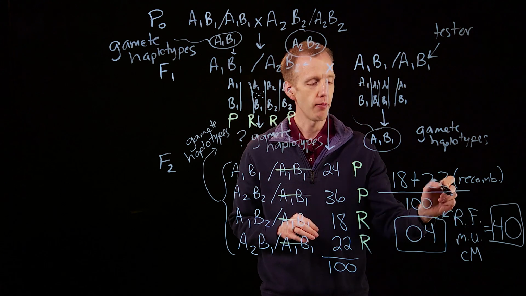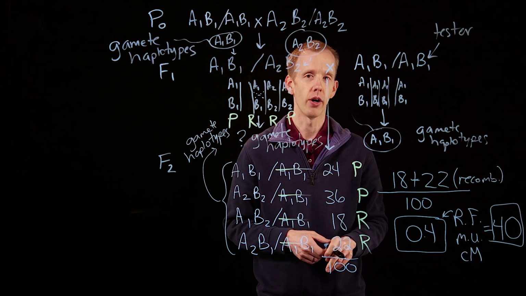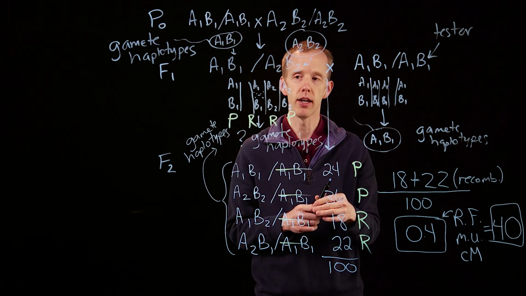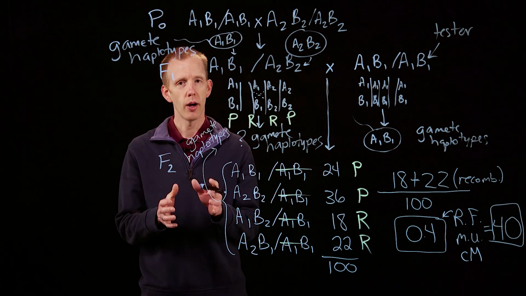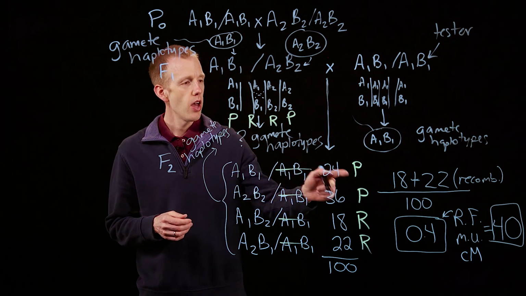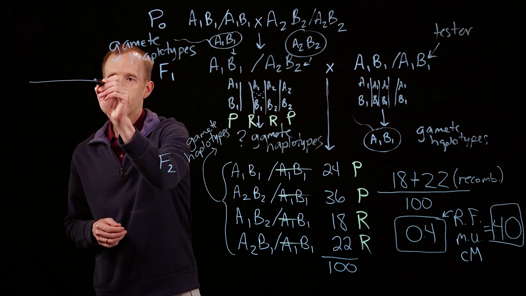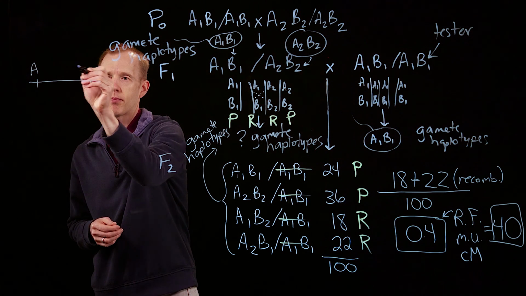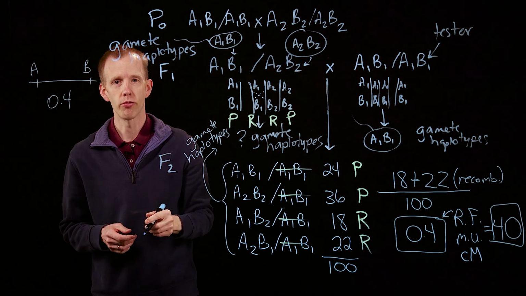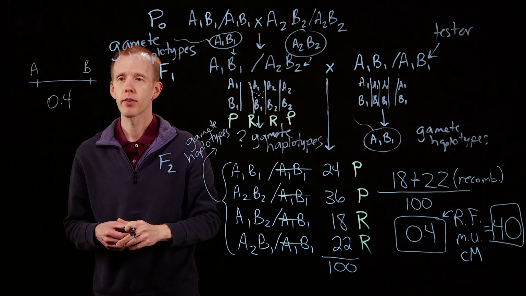So this is either 40 map units or could also be reported as 40 centimorgans distance between gene A and gene B. So I'd like to leave you now with a couple of questions to think about to bring with you to next class. Here we just calculated the distance between genes A and B as a genetic distance of recombination fraction 0.4, or 40 centimorgans.